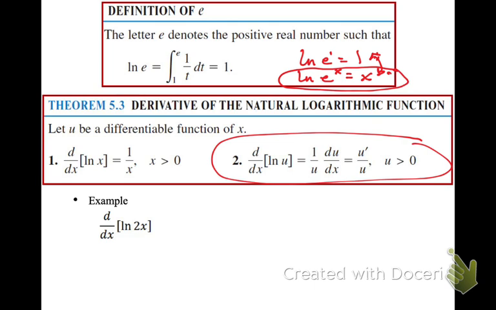The derivative of the natural log of u, meaning whatever is in the natural log, is 1 over u times du/dx. In other words, the derivative of u over u. And u has to be greater than 0 because that is the domain of natural log.